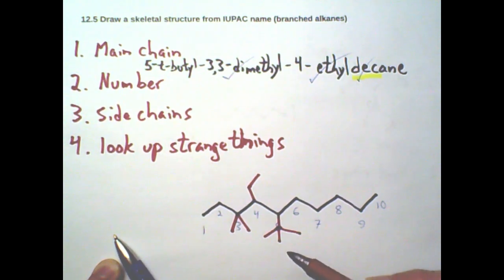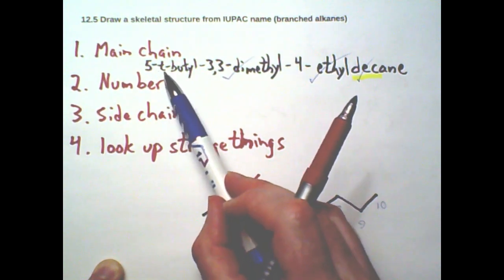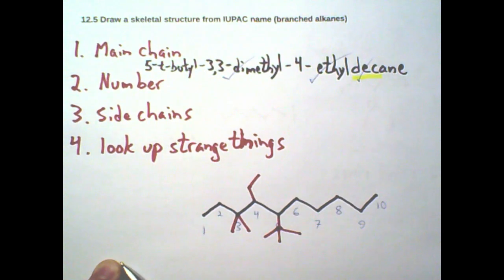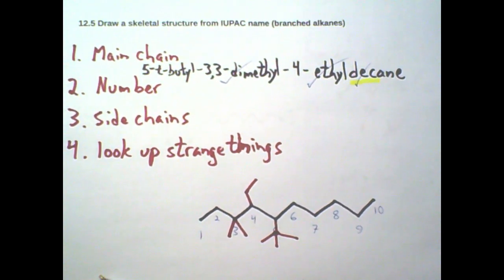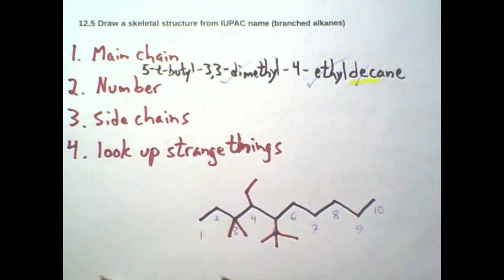So this is not the most fundamental way for naming this, but it's one way you can encounter things with a T for tert-butyl or iso or N for all in a straight line. So you may encounter things that you don't recognize. That's when you go look them up.